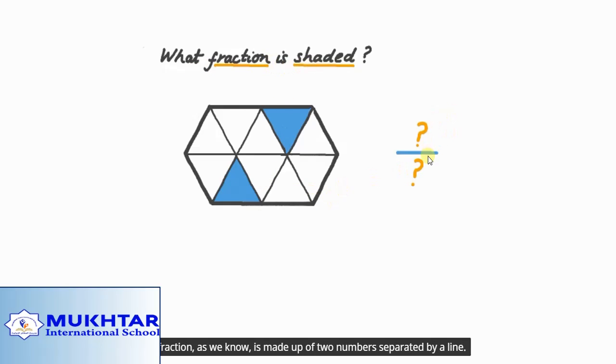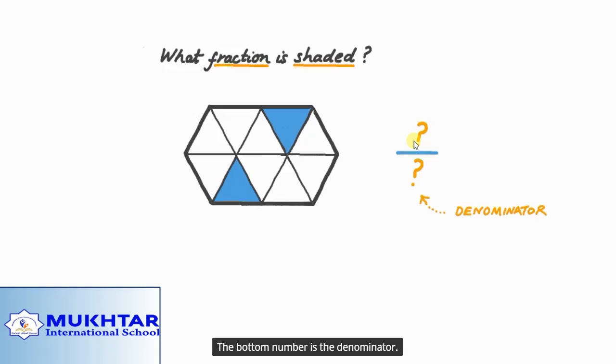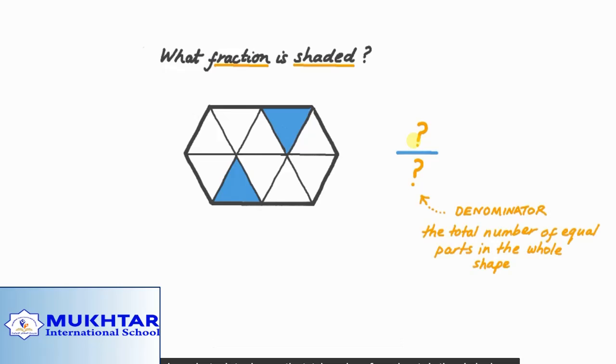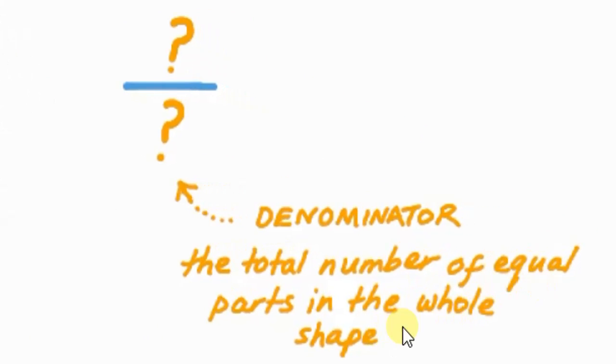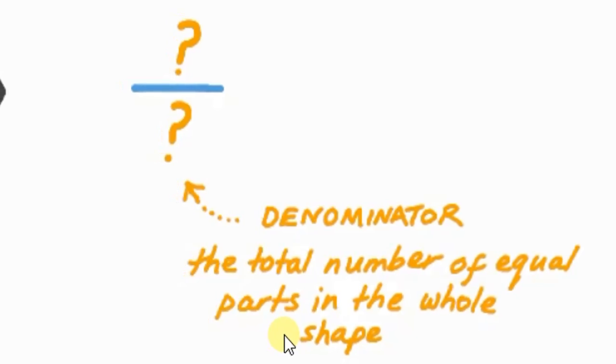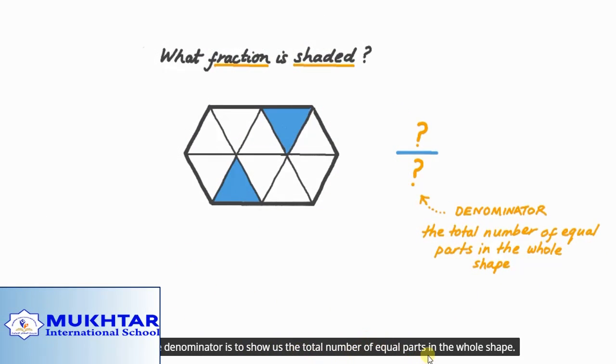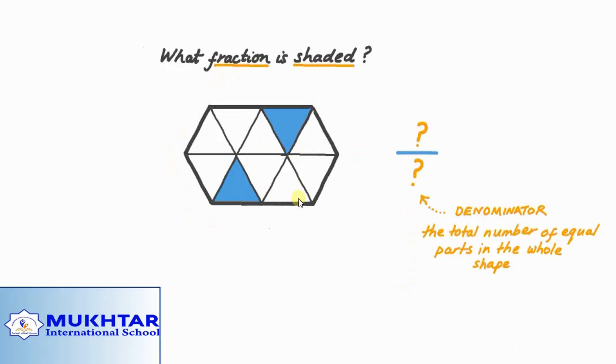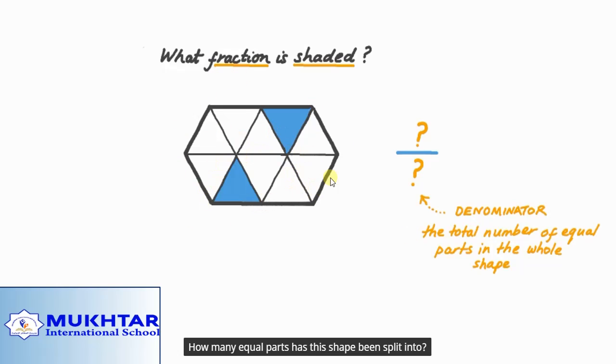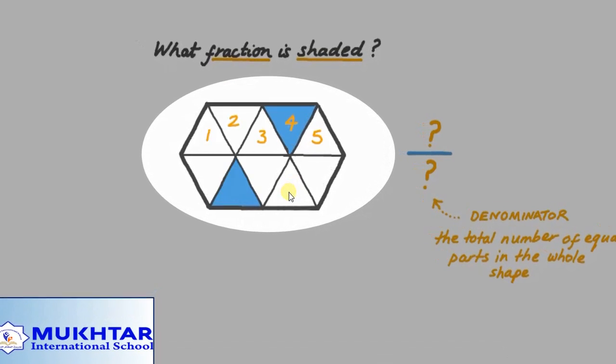Now, a fraction, as we know, is made up of two numbers separated by a line. The bottom number is the denominator, which represents the total number of equal parts in the whole shape. In this shape, let's start counting how many equal parts it has been split into.